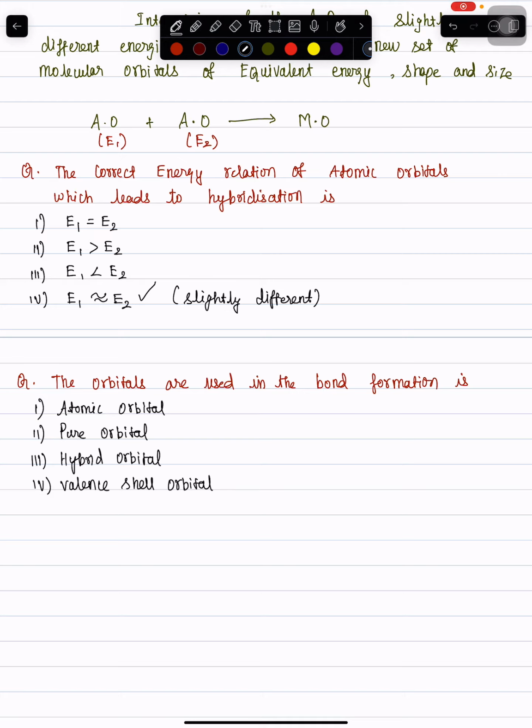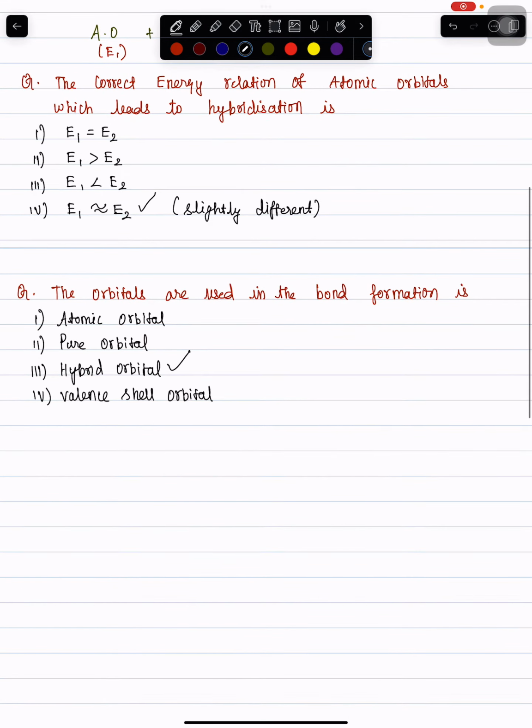Before bonding, atomic orbitals combine to make molecular orbitals. That new molecular orbital is also called a hybrid orbital. It is a new variety. So the orbitals used in bond formation are hybrid orbitals, and the third option is correct. Let's go to the next question.